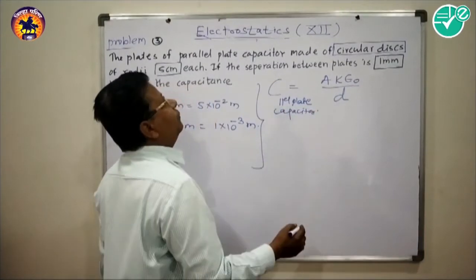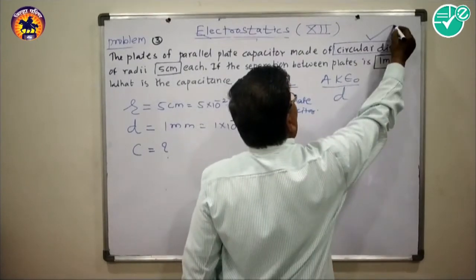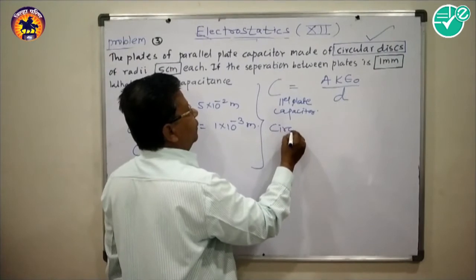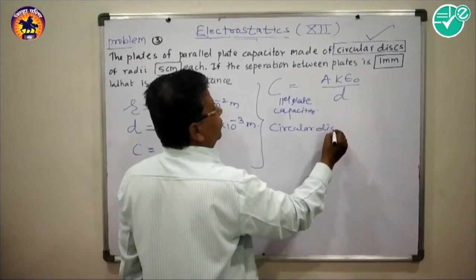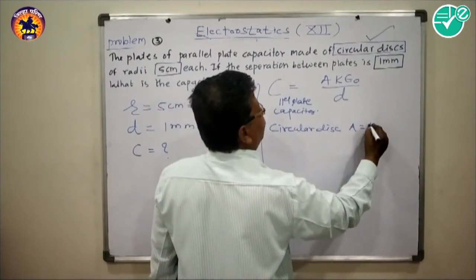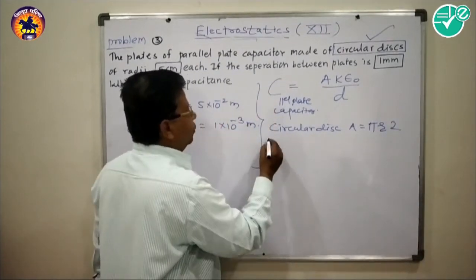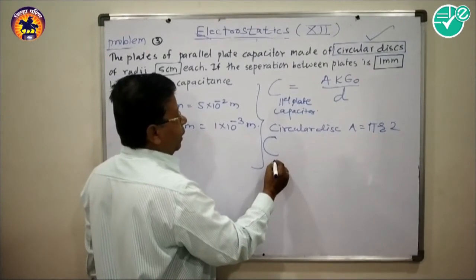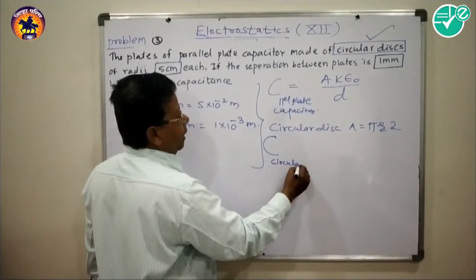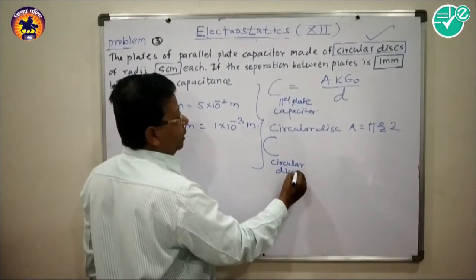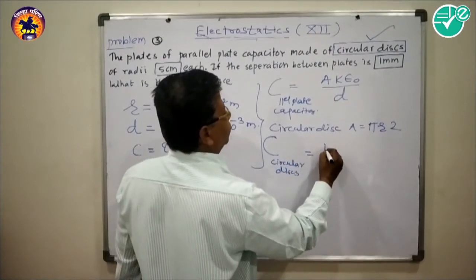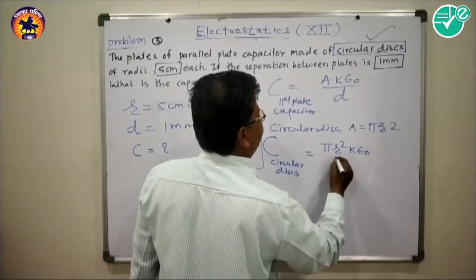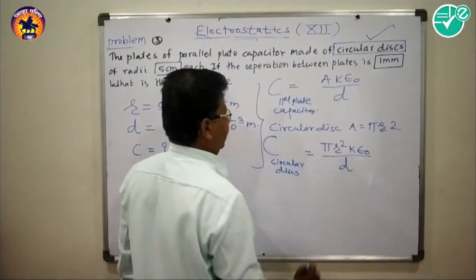But in this problem, the plates are circular discs, and for a circular disc, area A is equal to pi r square. So our formula is: capacitance of a capacitor having circular discs is equal to pi r square into K epsilon 0 divided by d.